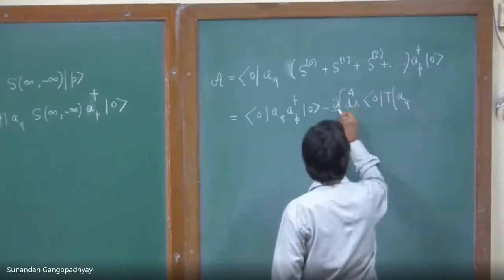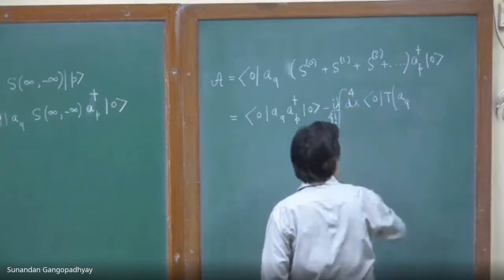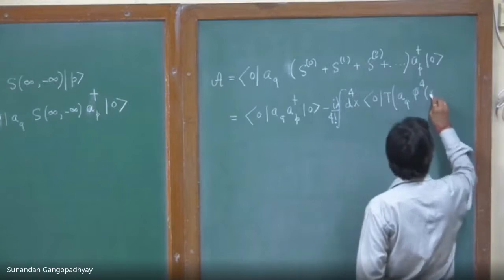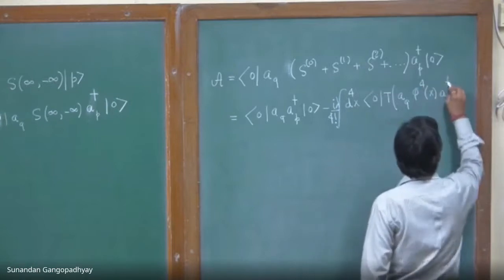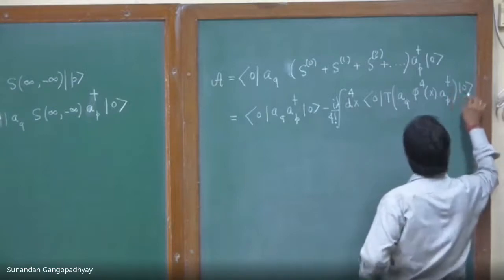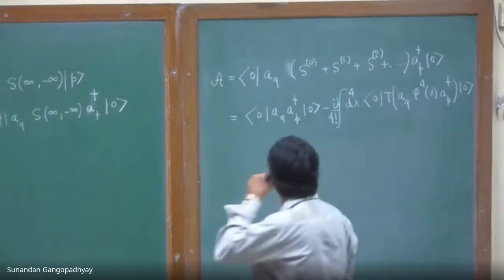You also have this lambda by 4 factorial outside. Then you have phi to the power of 4 of x, a dagger p. So this term is the second term.